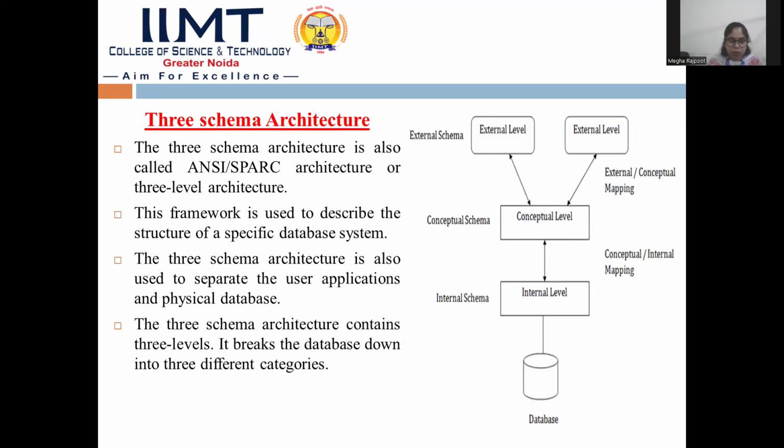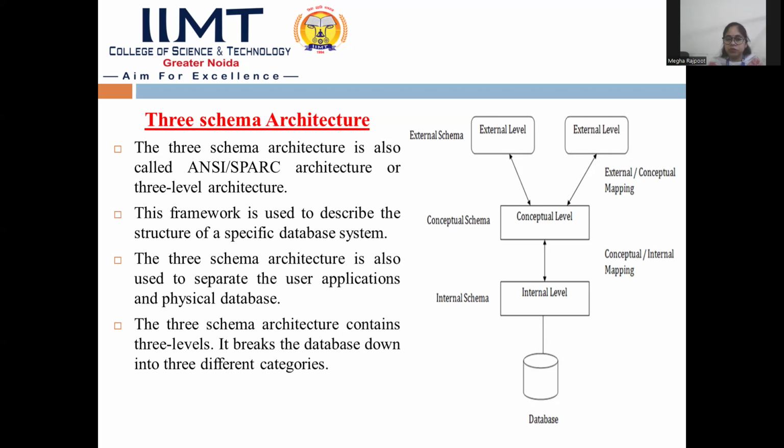Now, the next topic is three schema architecture. So what is three schema architecture? In this architecture, there are three levels. First is the internal level, second is the conceptual level, and last is the external level. Three schema architecture is also called ANSI/SPARC architecture or three-level architecture.